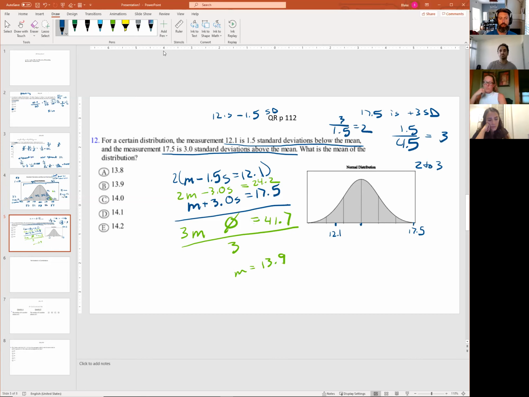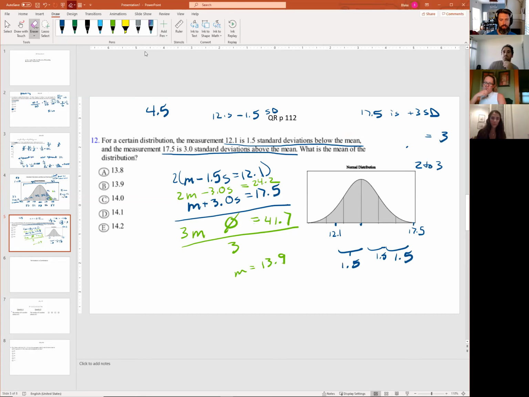Basically, if we do that, we realize our distance is 4.5. We're going to multiply that. So this is a distance of 1.5. And this is a distance of 1.5 plus 1.5. So if we break this up, actually, let's just drop these here. I think it'll be easier to kind of graph this here. So the distance here is 1.5 standard deviations.